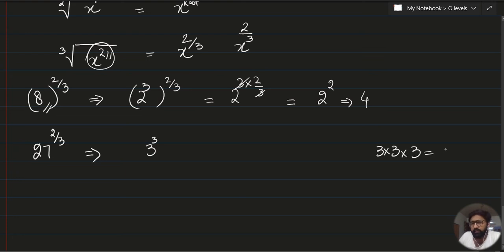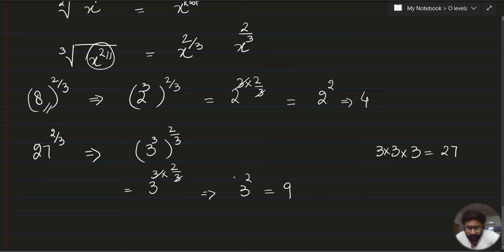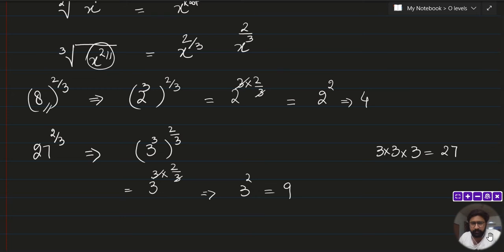It is going to give you 27. So instead of 27, you can write it as 3 power 3. और पूरे टोटल के ऊपर भी पावर लिख दें, होल पावर 2 by 3. नाउ पावर्स की पावर्स आपस में क्या होती हैं? दे मल्टीप्लाई. तो 3 power 3 multiply by 2 by 3. These can be simplified and you are going to get an answer 3 power 2, which is 9. जी, is it clear?